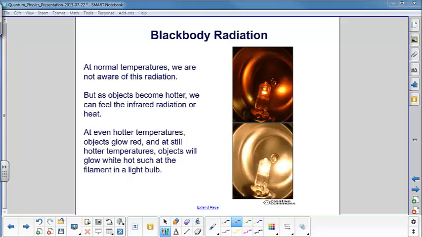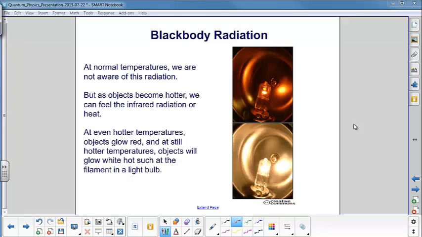Here's what is meant by a temperature-dependent spectrum. At normal temperatures, we're not even aware of this radiation. For example, people emit infrared radiation all the time, and that's one of the bases of night goggles, where you can see folks at night based on their infrared radiation. However, as objects get hotter, the infrared radiation gets stronger and we feel heat.